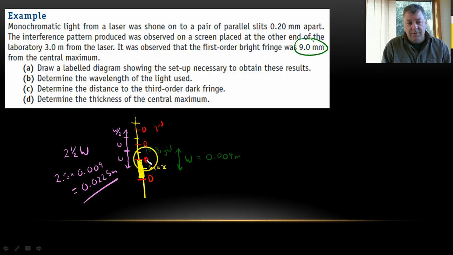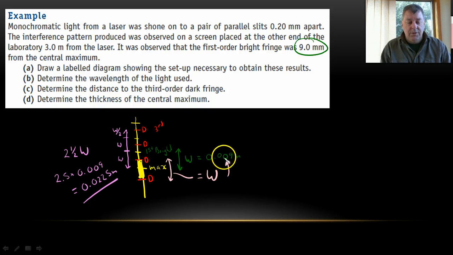So we're after that distance there, and we should recognise that that distance from the dark spot either side of the centre maximum is also equal to W. And so that's going to be 0.09 meters.